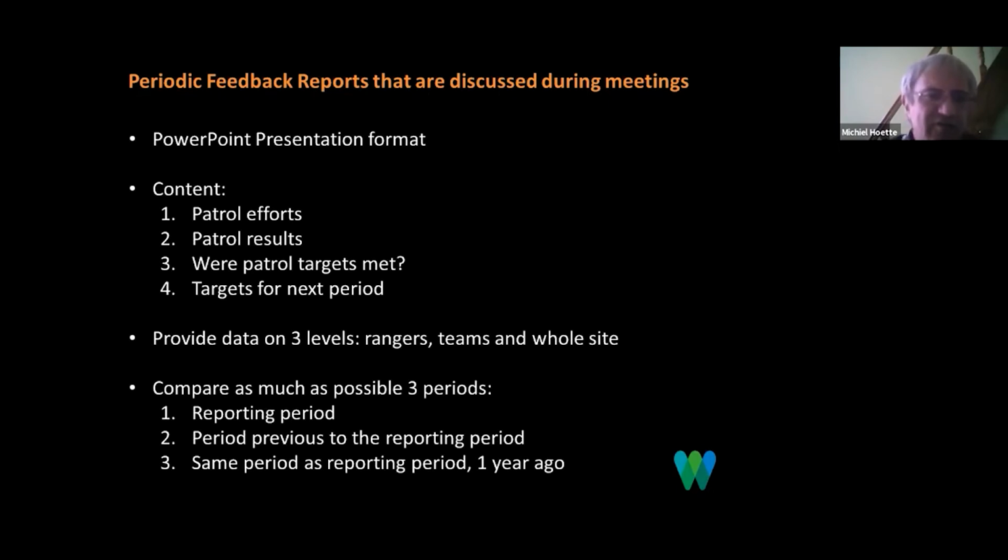I like to make a PowerPoint presentation, basically with slides that you can present to the rangers, and just a version, of course, on the computer that the manager can use for his evaluation of patrol quality. The contents should be both the patrol efforts and the patrol results, and if patrol targets have been met.